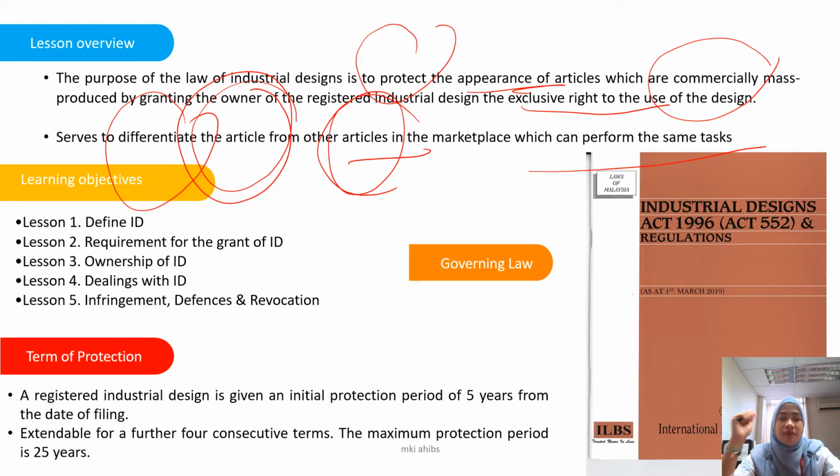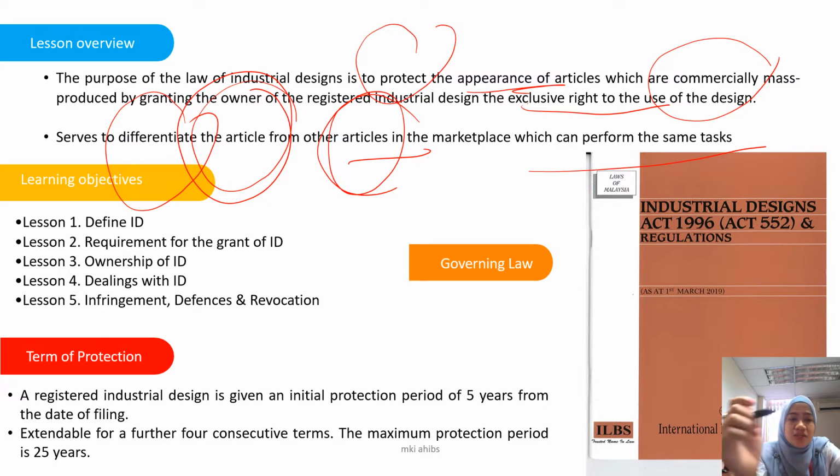For the trademark, we refer to the product as a sign or a brand. For the patent, we refer to them as innovation. Thus for the ID, we refer to the product, the IP, as the articles. Articles is actually the product itself.